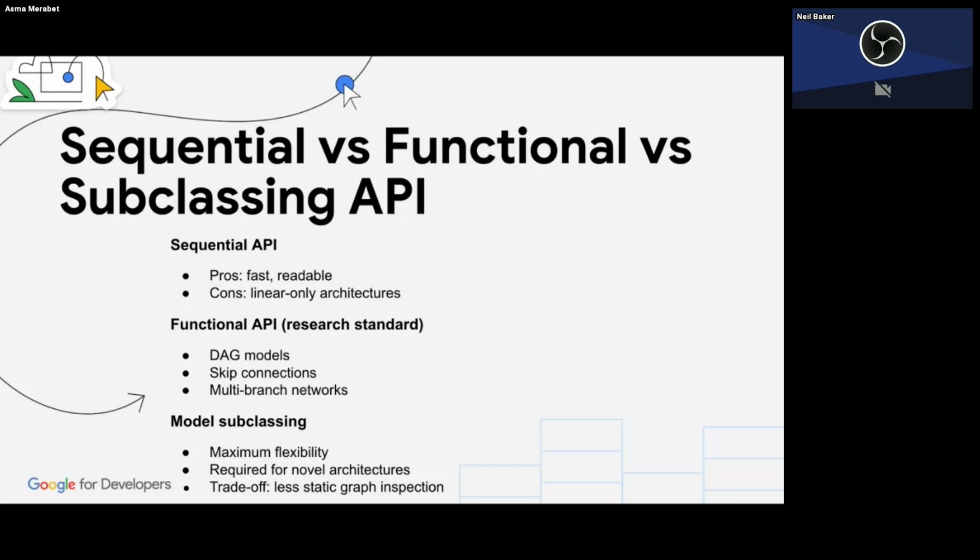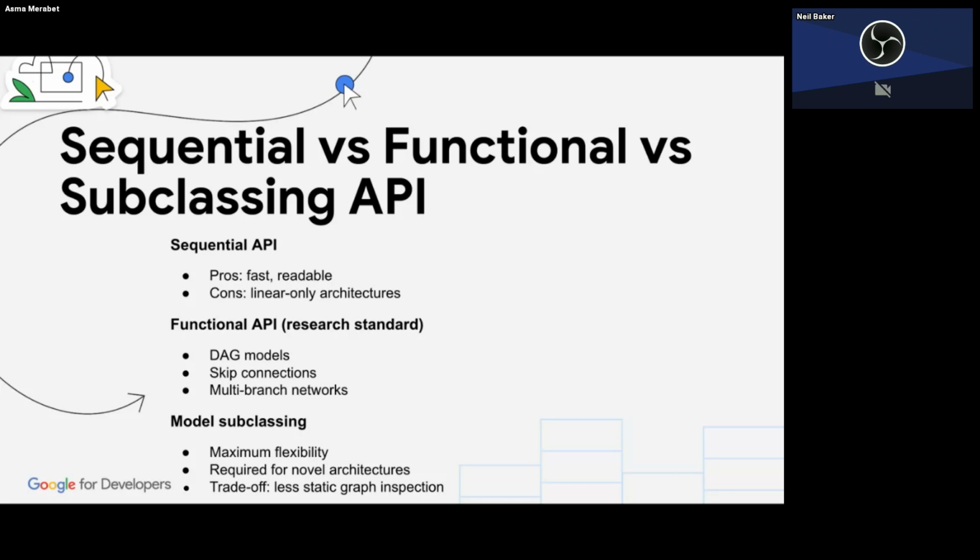It can't skip connections or handle multiple inputs. If we have multiple inputs and outputs, we cannot use the sequential API. We use it, for example, when we build a simple image classifier, and it's good for quick prototypes.